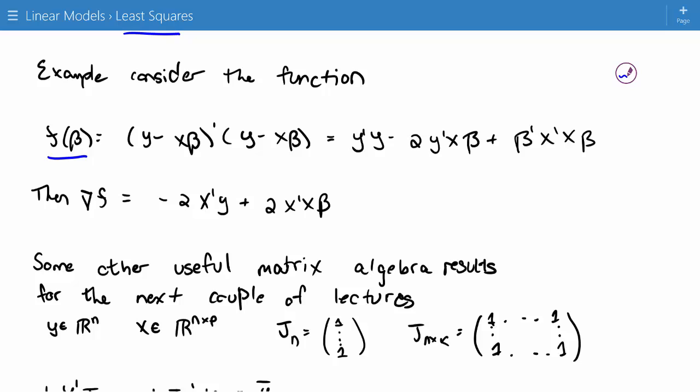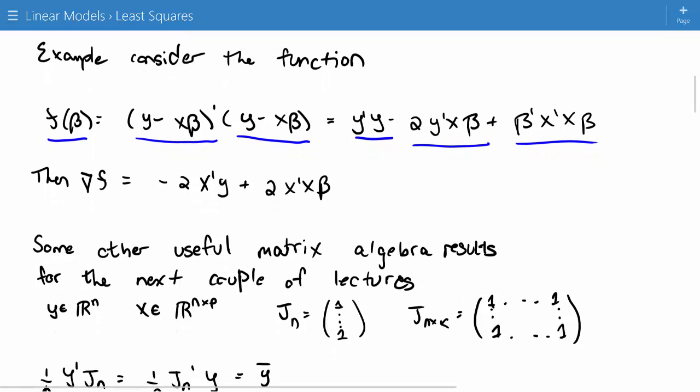Imagine if my f of beta was the function (y minus x beta) transpose times (y minus x beta). If I expand that inner product out, I get y transpose y minus 2y transpose x beta plus beta transpose x transpose x beta. So if I take my gradient with respect to beta in this case, this term drops out.